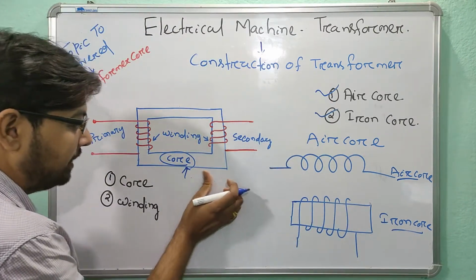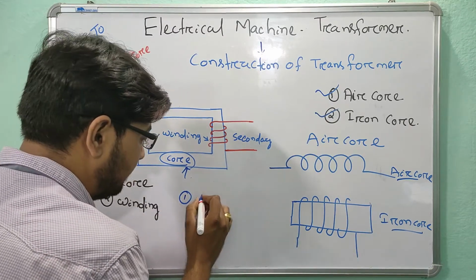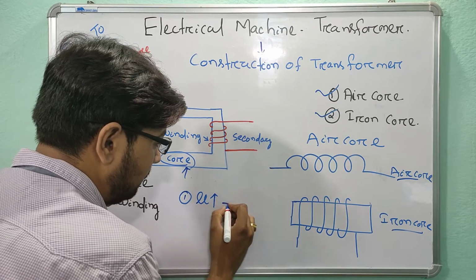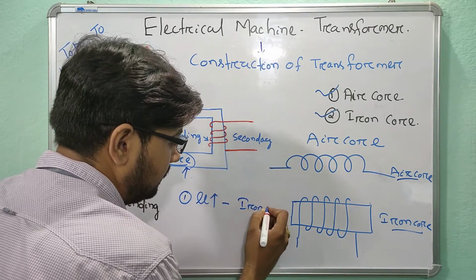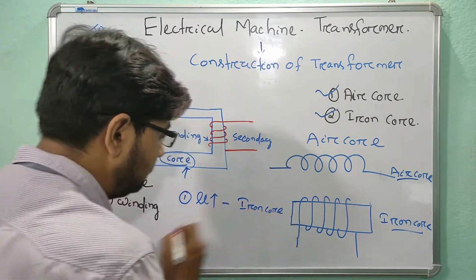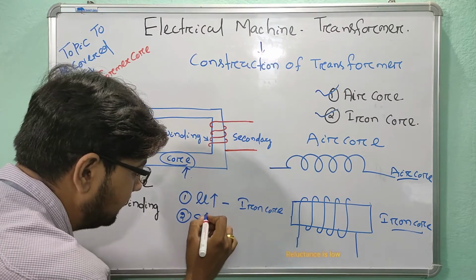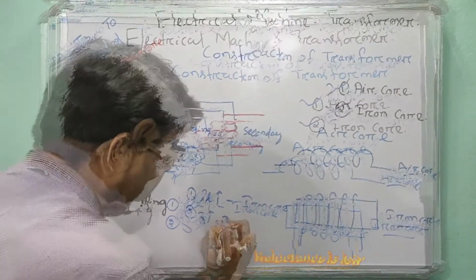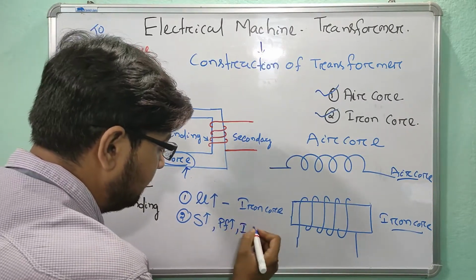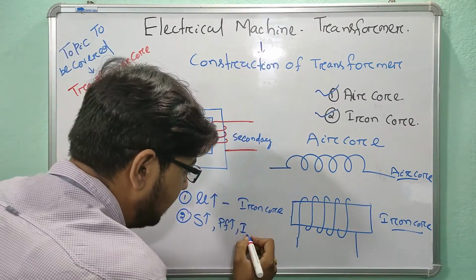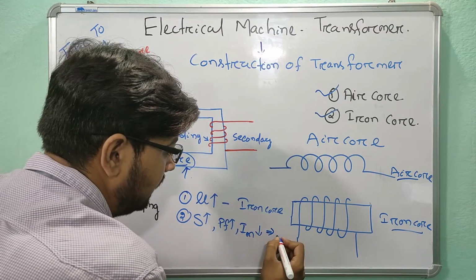So why? Because first point is the permeability mu is high for iron core. Number two is reluctance is high, power factor is high, and magnetizing current IM is low for iron core.